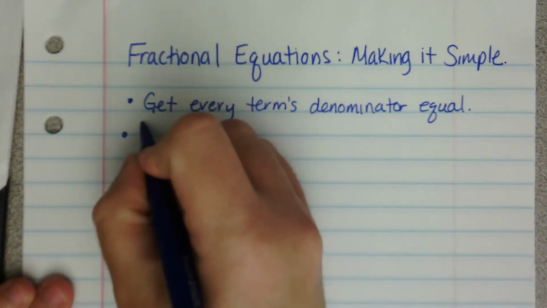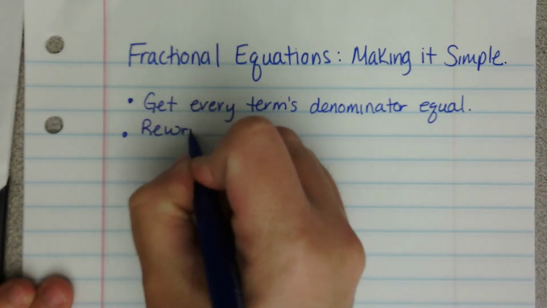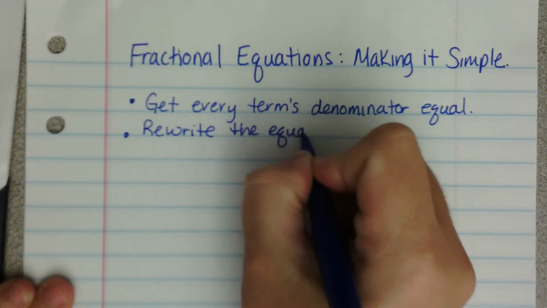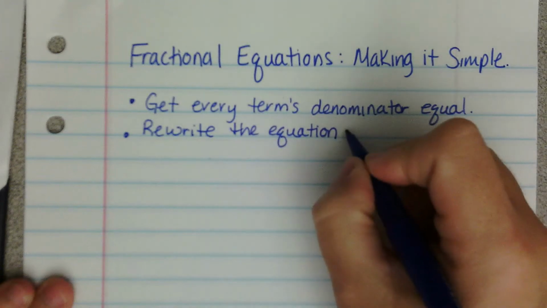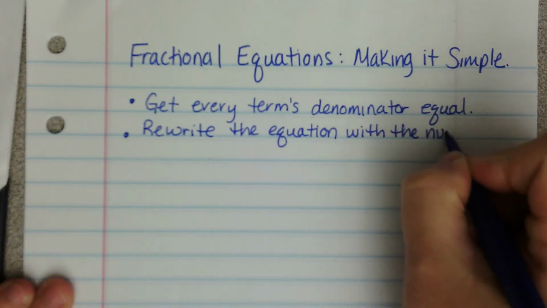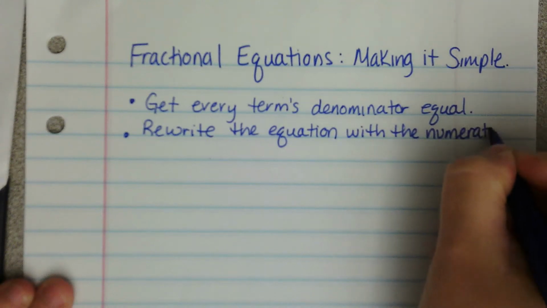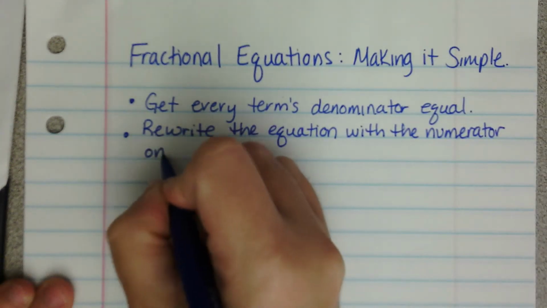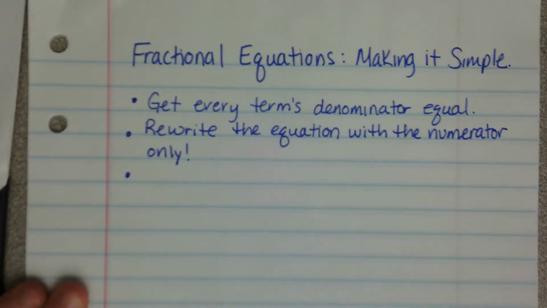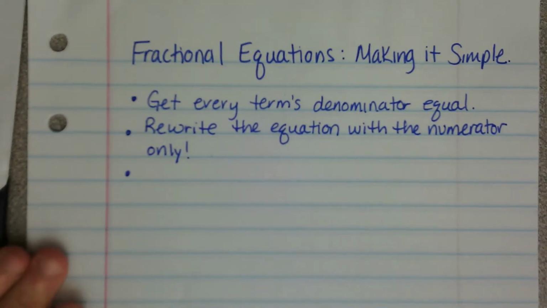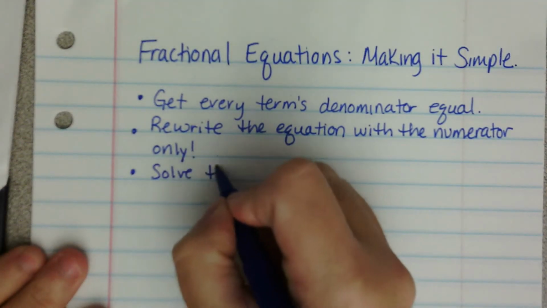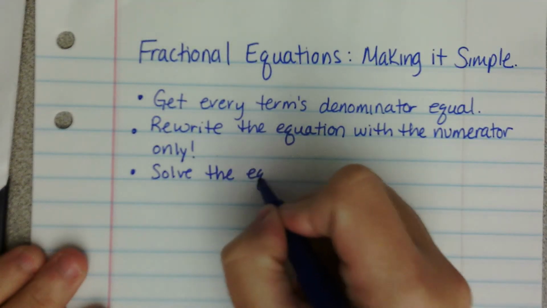Once this is done, you're going to rewrite your equation with the numerator only. That's the top. There won't be any more fractions in it. And then once you rewrite it with the numerator only, you're going to solve the equation for the variable.